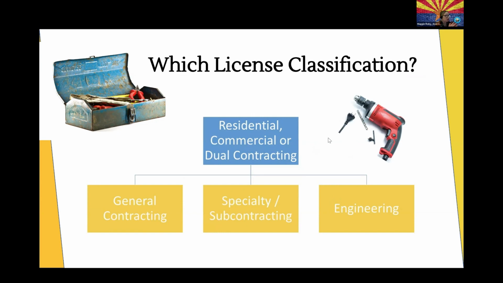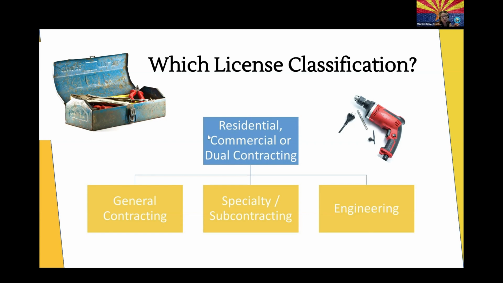If you are unsure which license classification best fits the work you are going to be doing, I would first suggest that you go to our website and read through our classifications. From there, if you still are not sure, you can submit to us what is called a scope determination request.